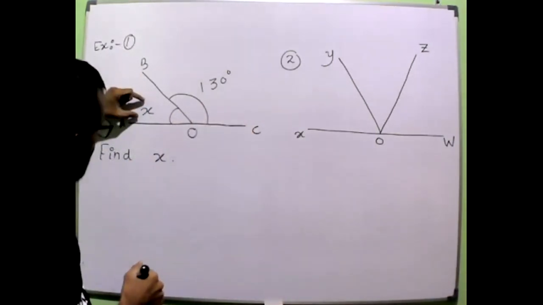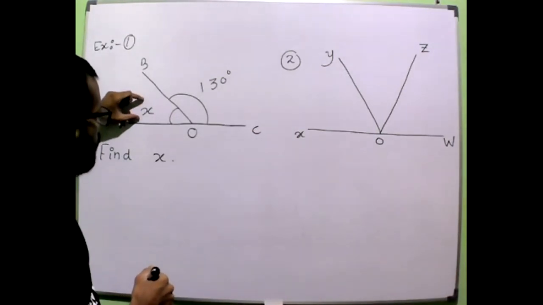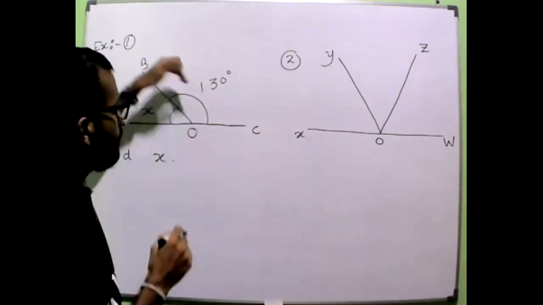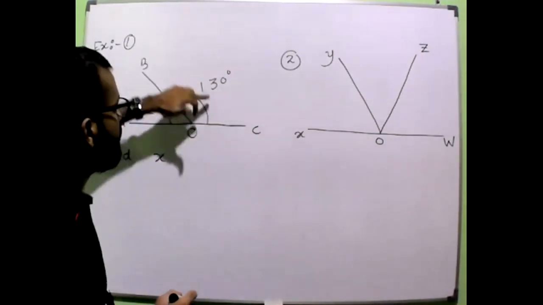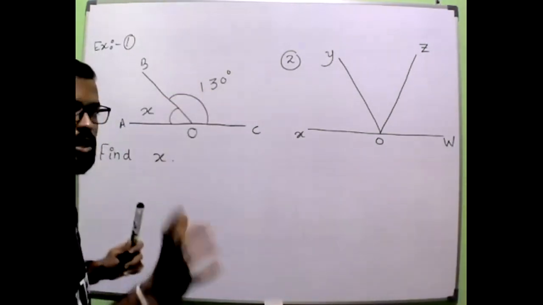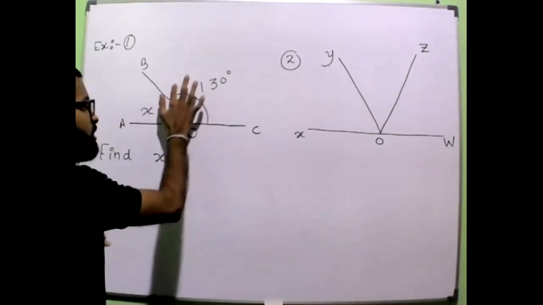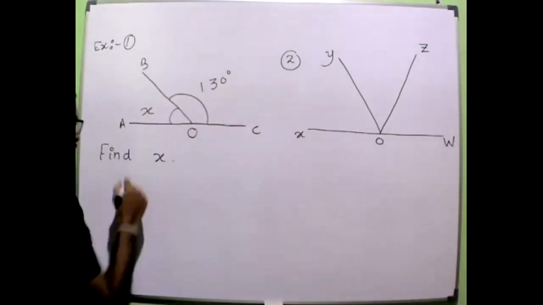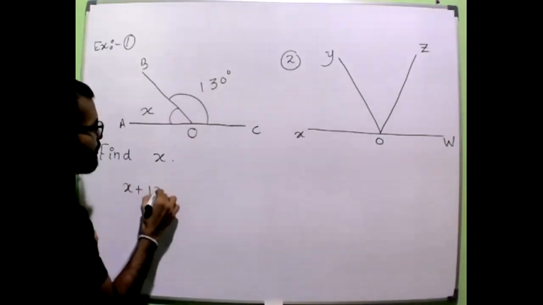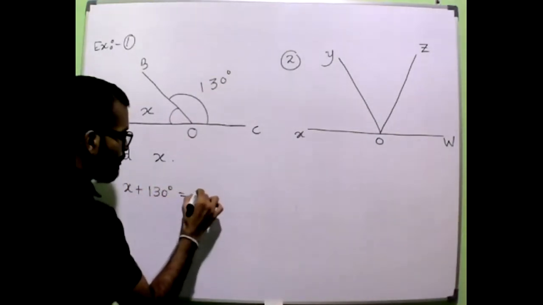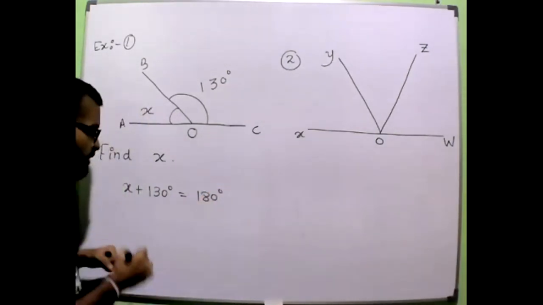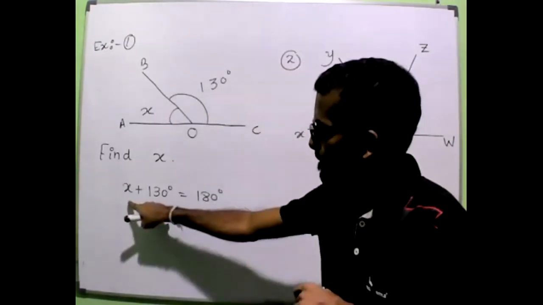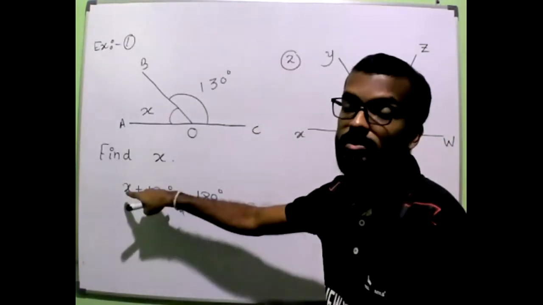Now here they are asking you to find the value of X, but they have given you the magnitude of the other adjacent angle, 130. So I can directly write X plus 130 equals 180. Now I think you know how to make this X the subject.